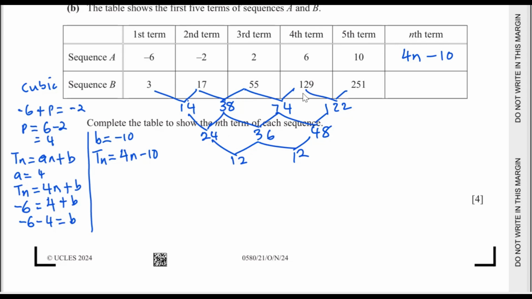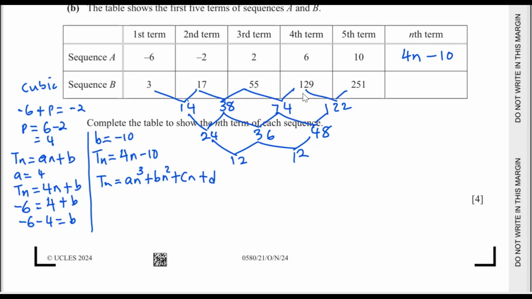So how do we get the nth term of this sequence here? We are going to look at the format. The nth term of this sequence is going to be in the form Tn equals an cubed plus bn squared plus cn plus d.